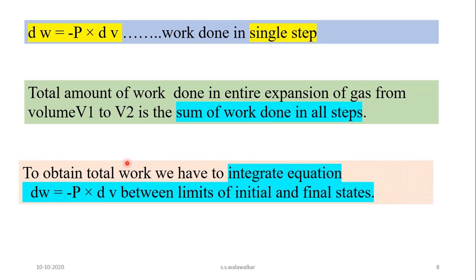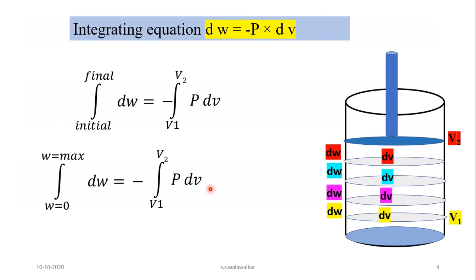So to calculate the total work during the whole change, we have to integrate the equation dW is equal to minus P dV between the limits of the initial and final states. So let us integrate this equation.